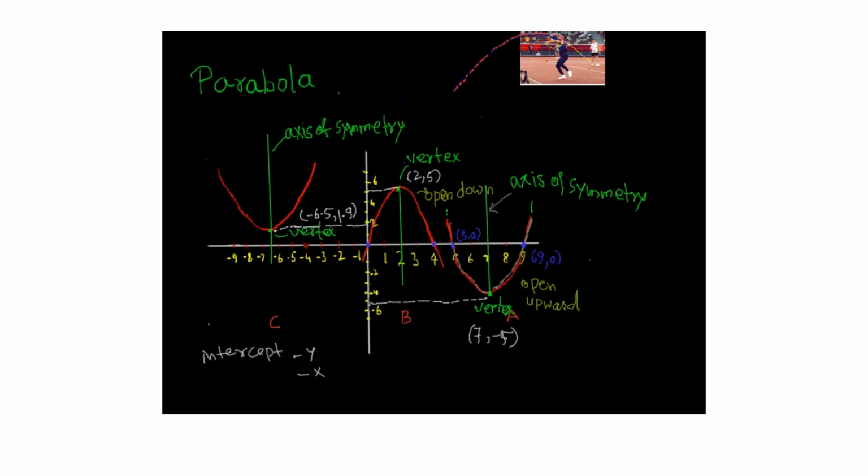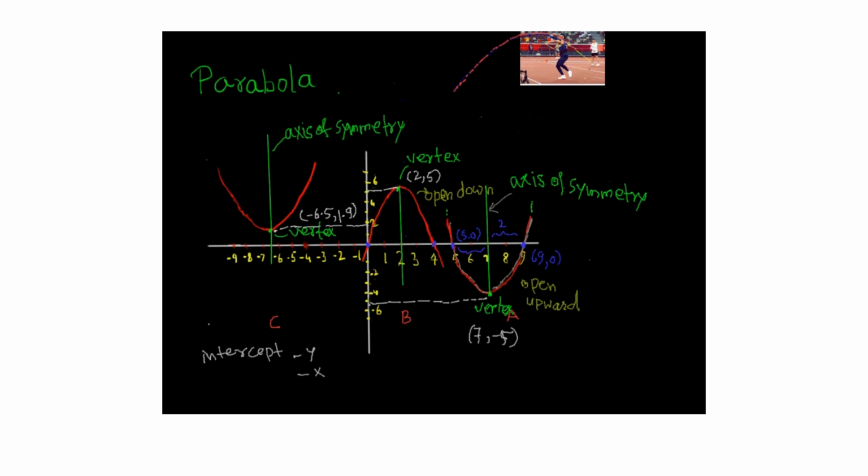So interestingly, if you see, my axis of symmetry is passing through the vertex. The two intercepts, that is 9, 0 and 5, 0, are equidistant from my axis of symmetry. So this distance is the same as this distance. Both are equal distances. That is, this is a distance of 2, so this is also a distance of 2 from the axis of symmetry.